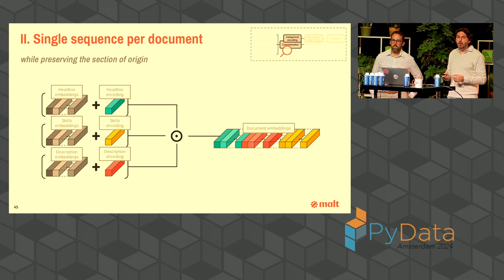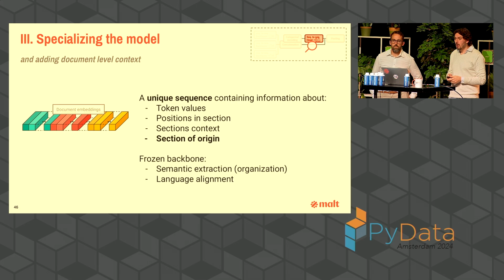For those who are familiar with it, it's a bit like positional encoding, but instead of encoding the position in the sequence, we encode the section in the document. OK, so now we're getting happier and happier about it. We have a unique sequence, and we are not losing the section of origin, but we are still talking about semantic content.